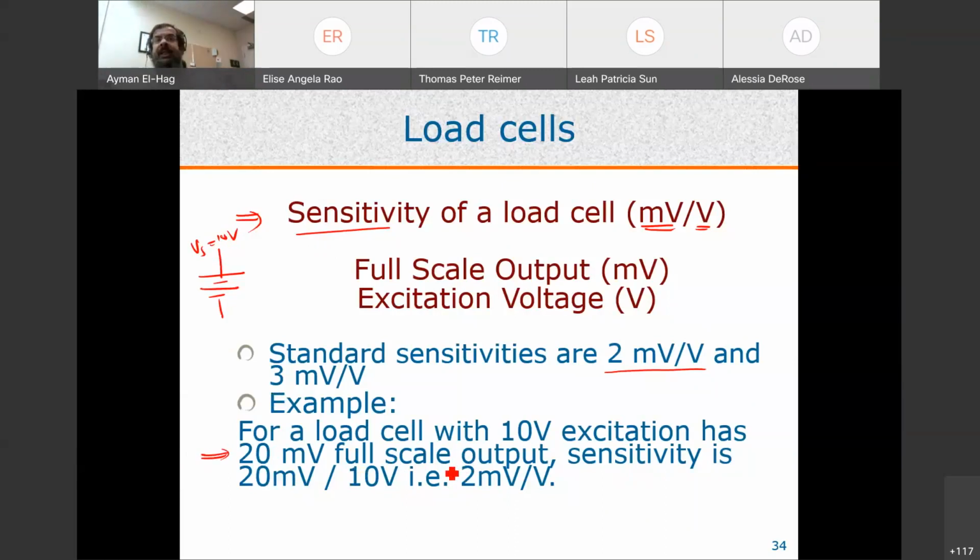If you exceed this, you will damage the load cell. This is why when you buy a scale in the kitchen, they will tell you this is maximum 5 kg. If you try to put more than 5 kg, the scale will not show you anything. It will be out of scale. And if you keep adding more than the capacity of the scale, you will damage the load cell. So the maximum capacity or the full scale here is 20 millivolt. Just divide the 20 by the 10, you will get 2 millivolt per volt. And this is what is called the sensitivity of your load cell.